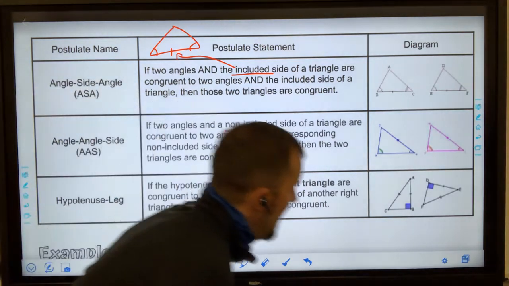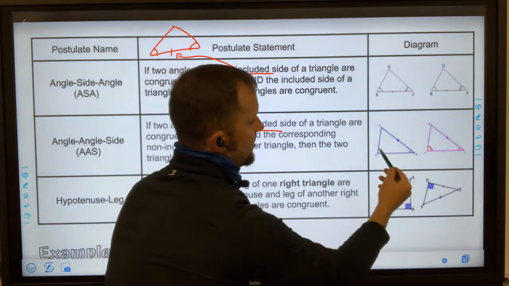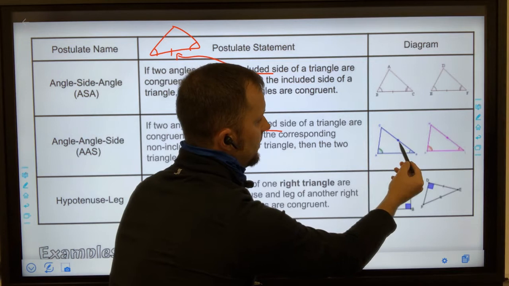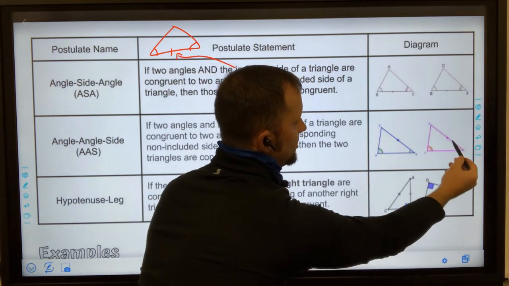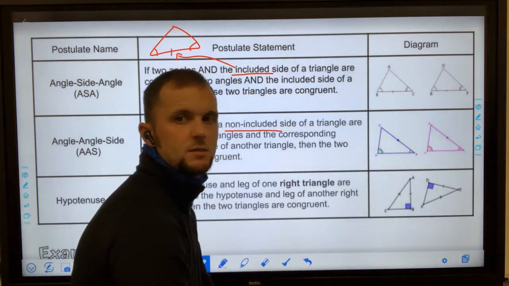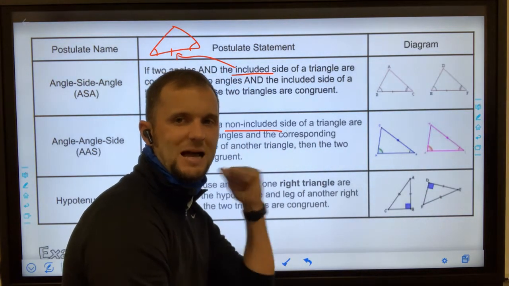In the example, on the first triangle I have two notches, one notch, and a side. I have two notches, one notch, and a side. That corresponding side is congruent, so those two triangles are congruent by angle, angle, side.